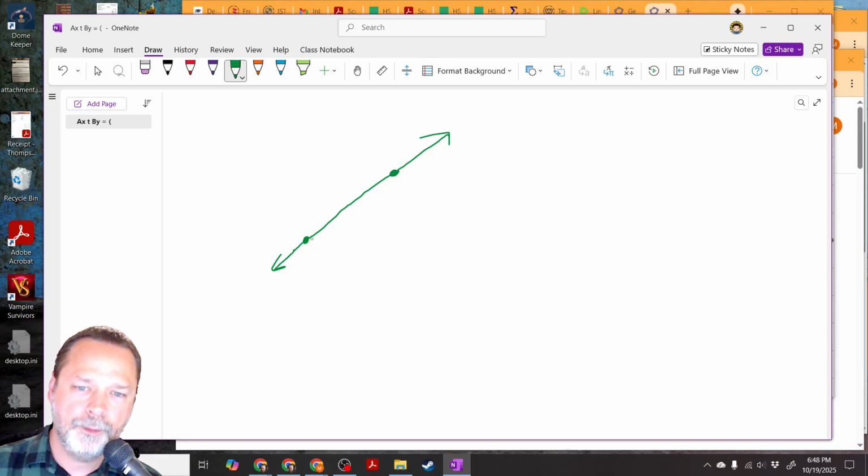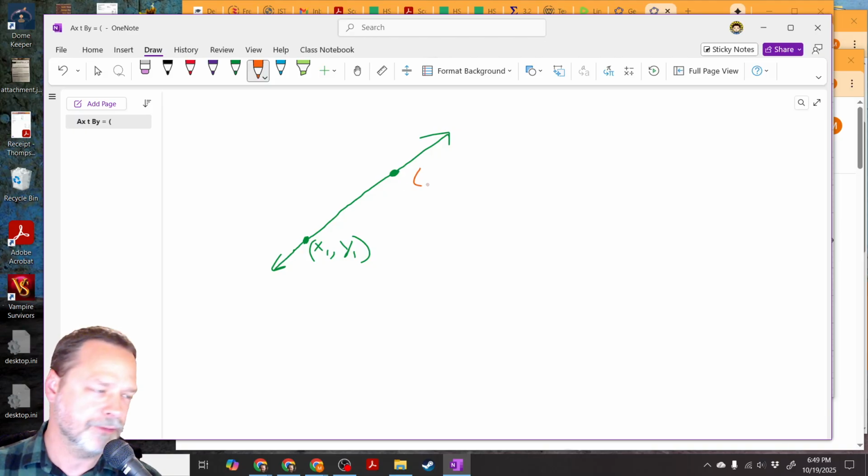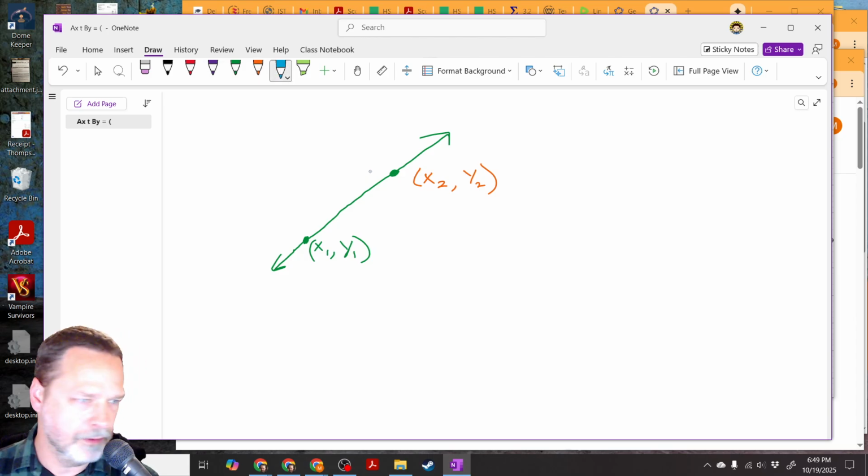But for now, we got 2 points. Let's call one of them x1, y1. As a quick review, every point has an x and a y. It has a how far did we go left or right to get to those points from the origin. And another point we'll say is x2, y2. Again, slope is the rise over run.